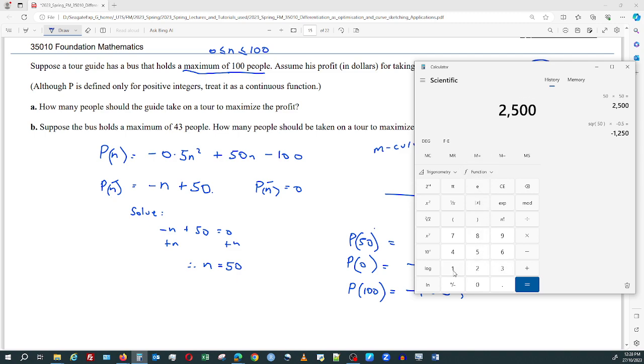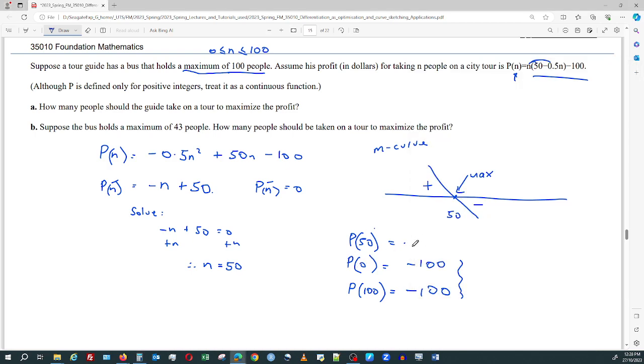And minus 100, add that to the memory. We clear all that away. We get 1150. So this is clearly a max, even by comparison. So you take 50 for a maximum profit. So how many people? 50.